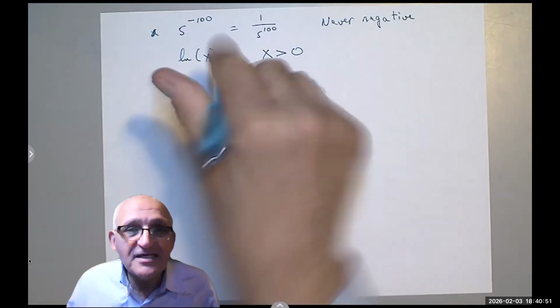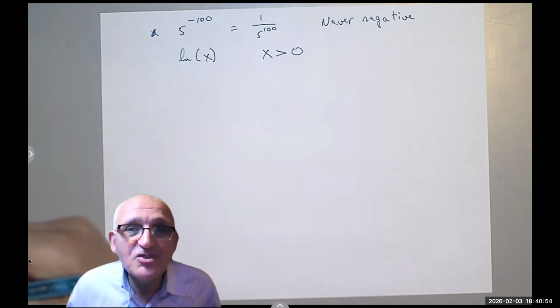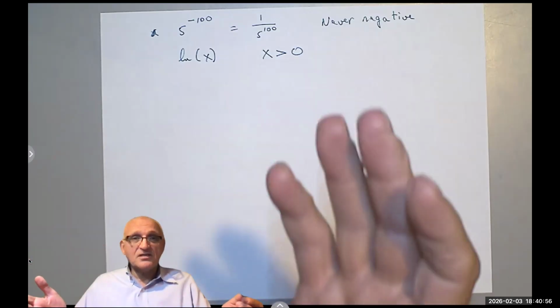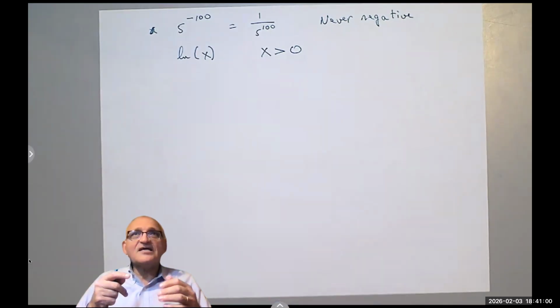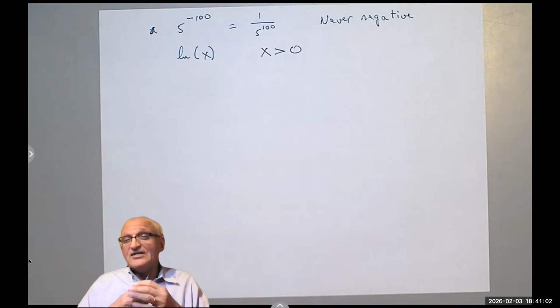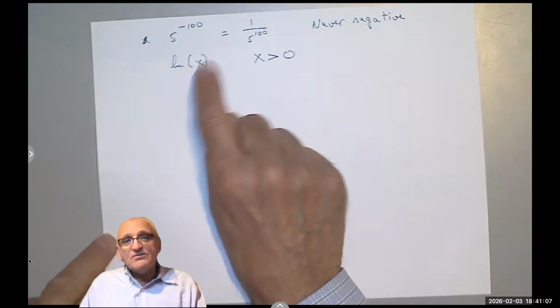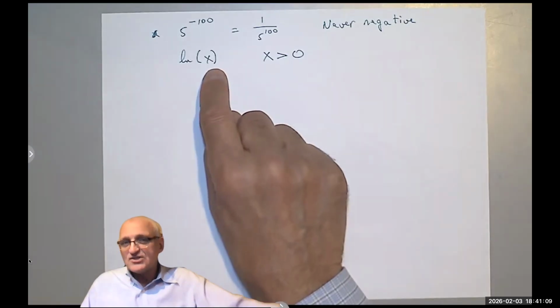So these are very important because sometimes you solve an equation with a natural log, and it's a quadratic equation, so you end up with two values of x. If one of them would make the quantity between parentheses negative, you have to exclude it.